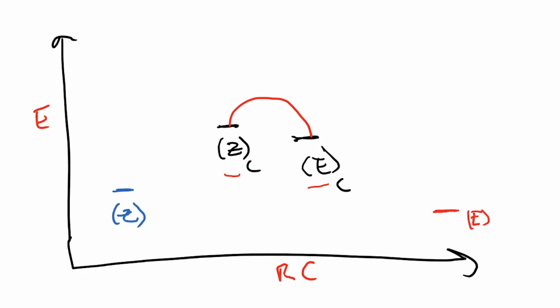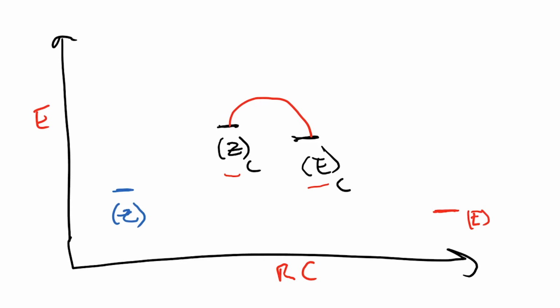You may recall that if you do a hydrogenation reaction on the Z olefin and the E olefin, they give you the same product, which is the alkane. If you measure the heat of hydrogenation, the E olefin liberates less energy, which means it is more stable compared to the Z olefin. That's how we experimentally determine that the E olefin is more stable. You can also do it by combustion analysis.